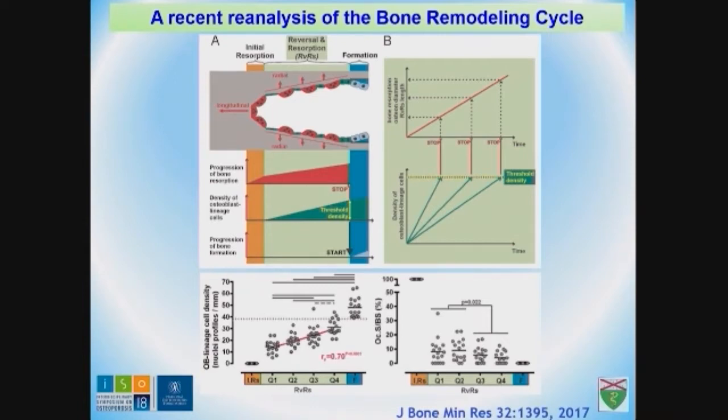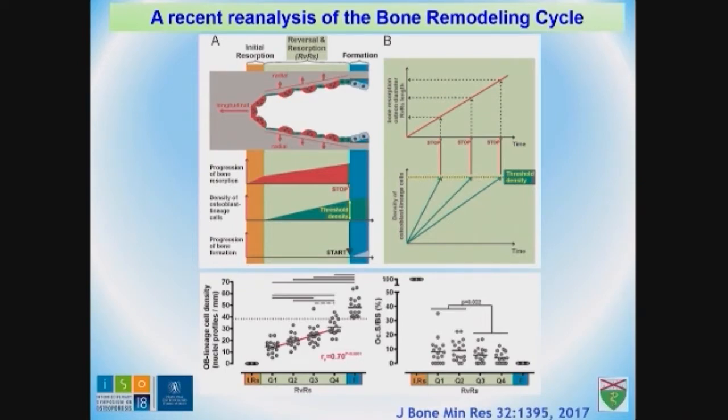So the rate at which you recruit osteoblasts to this threshold, the faster you recruit it, the faster you stop resorption, the smaller the amount of resorption is. The slower you recruit osteoblasts, the longer the resorption phase goes on, the bigger amount of bone you resorb, and the wider this resorption cavity gets. Or in trabecular bone, the deeper the divot you dig is. And eventually, if you dig that divot deep enough, you actually perforate the trabeculae.